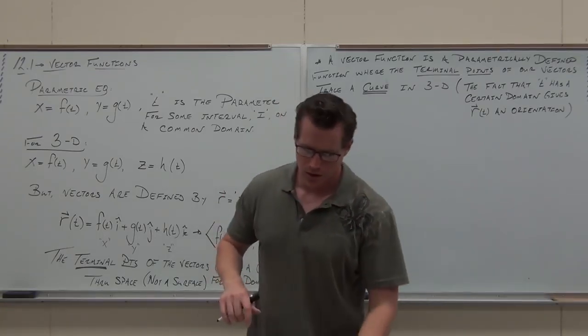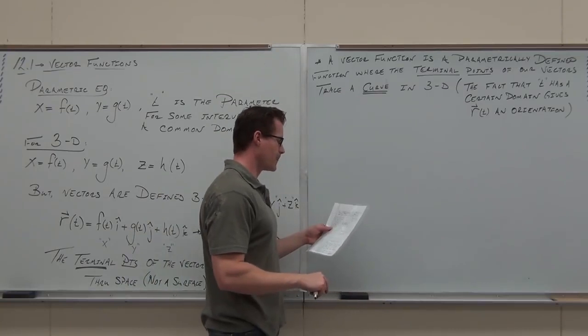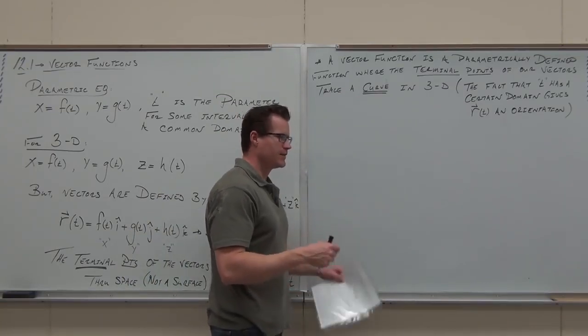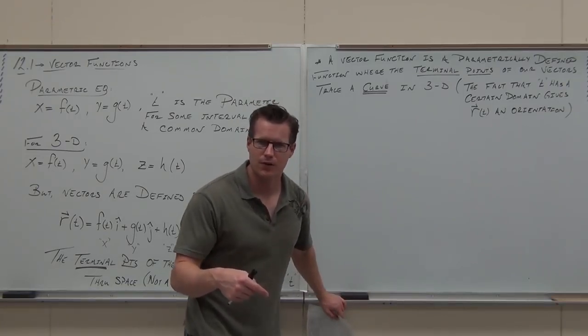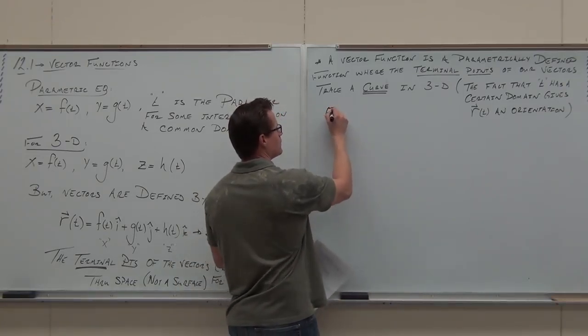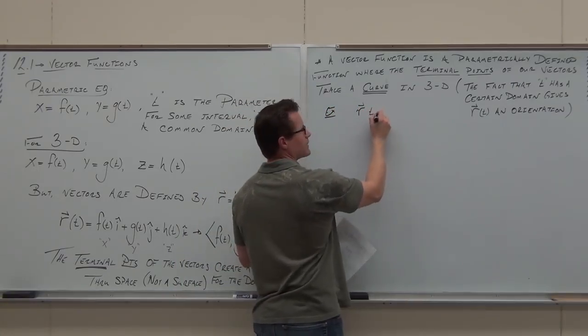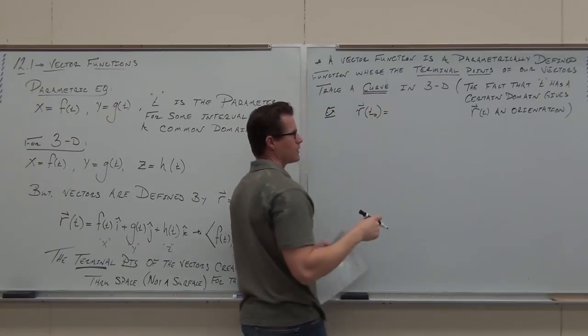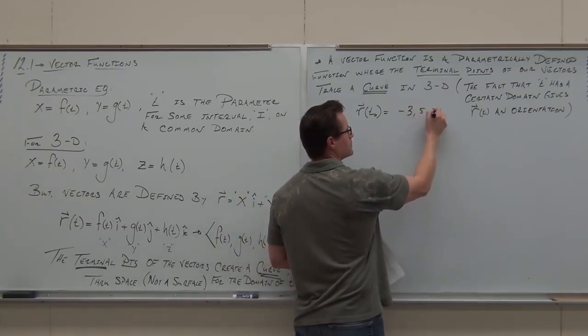That's the whole idea. The only other thing that we want to talk about is that this really shouldn't be a problem for us, because every vector, like ever, let's say a certain vector, r of t sub 0. Let's say it's negative 3, 5, 2.